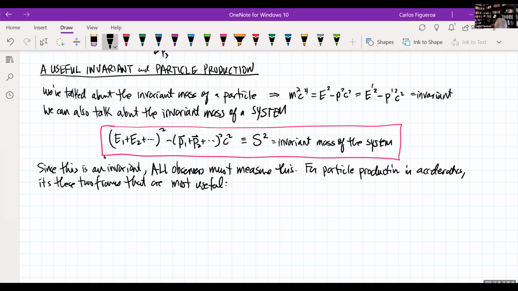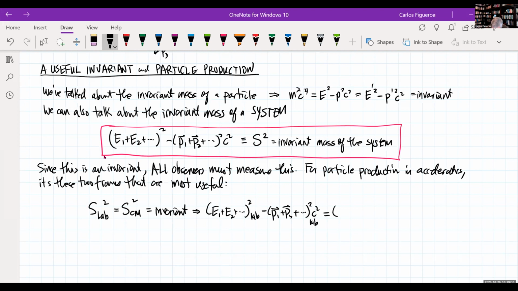And it's the lab frame, and the lab frame is the frame that people can actually design accelerators with. But for calculational purposes, we also pay attention to the center of mass. So these guys are invariant, and they must look at this thing. So what this means here is that if I look in the lab frame, it looks like this. And then you have this guy right here.